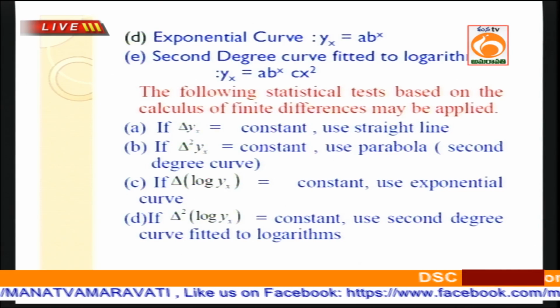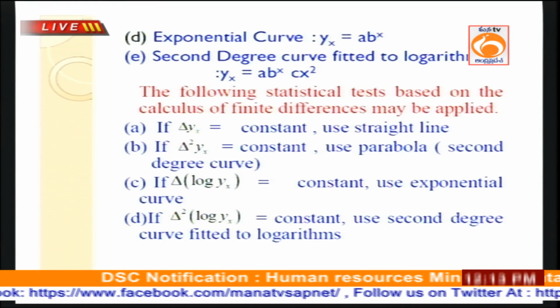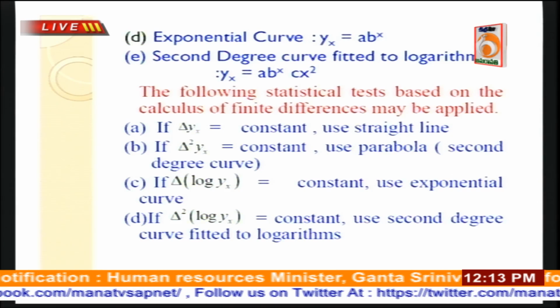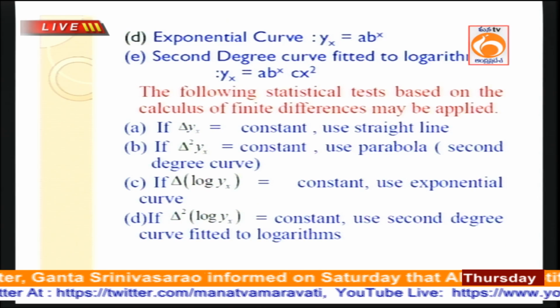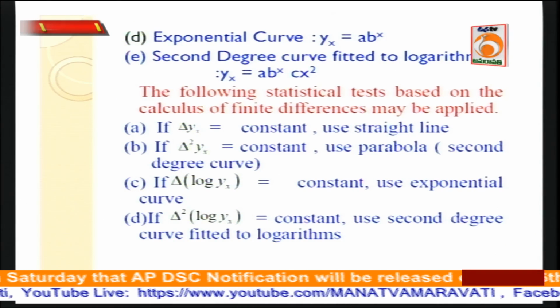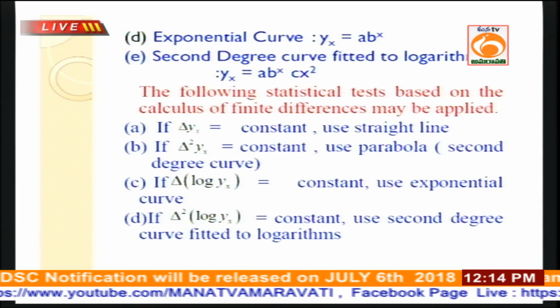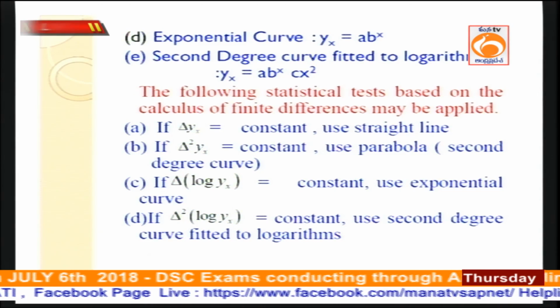If delta y(x) is a constant value, use a straight line. If delta square y(x) is constant, use a parabola, a second degree curve. If delta of log y(x) is a constant value, use an exponential curve. If delta square log y(x) is constant, use a second degree curve fitted to the logarithms.